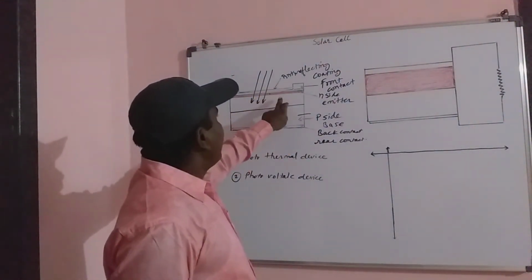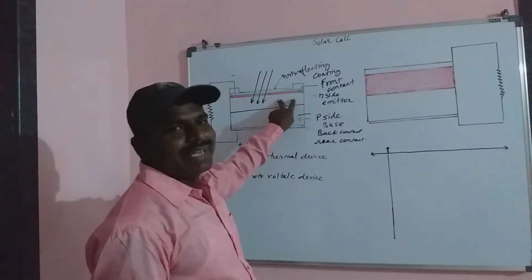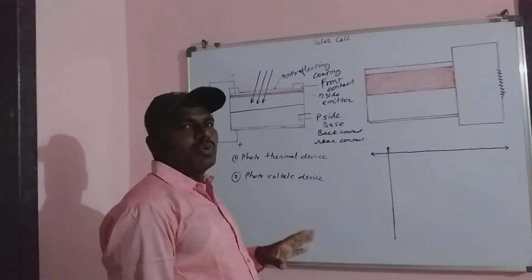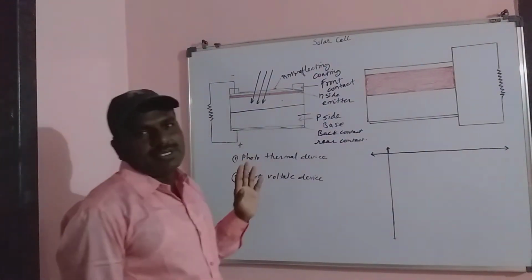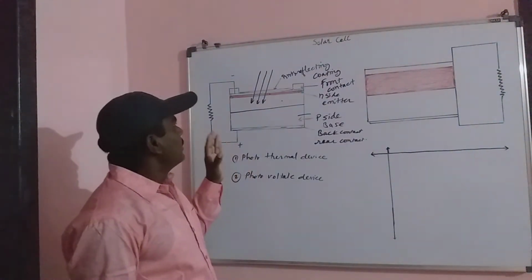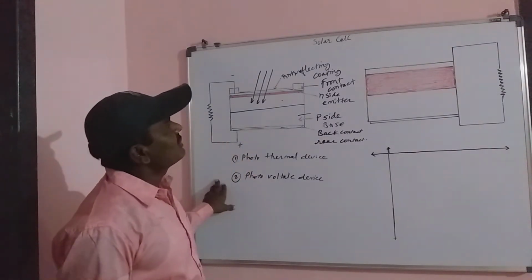This anti-reflecting coating is very thin because light passes through it and generates electrons and holes in the depletion region. Here we can see the systematic structure of the solar cell.